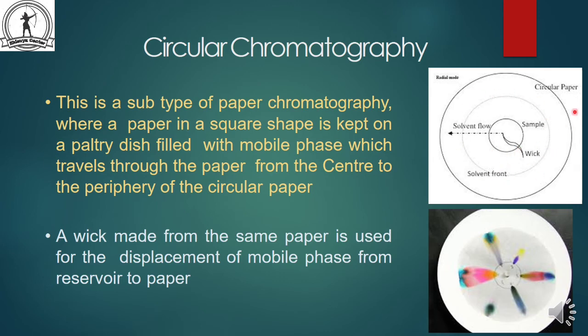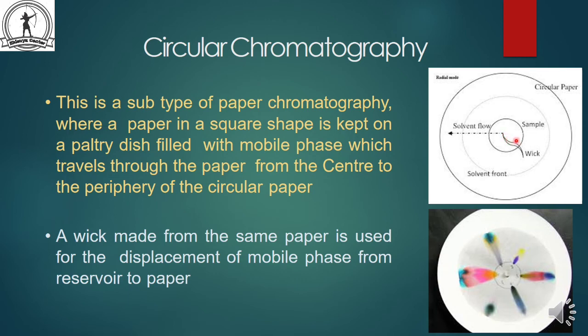This is circular paper, and from square paper we draw a circular line, or we also take a circular paper. From some distance we put a sample dot here, and then a wick is put in the middle of the paper. From the wick the mobile phase runs on our paper.